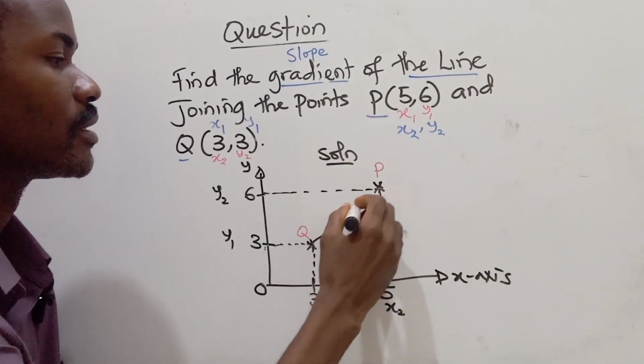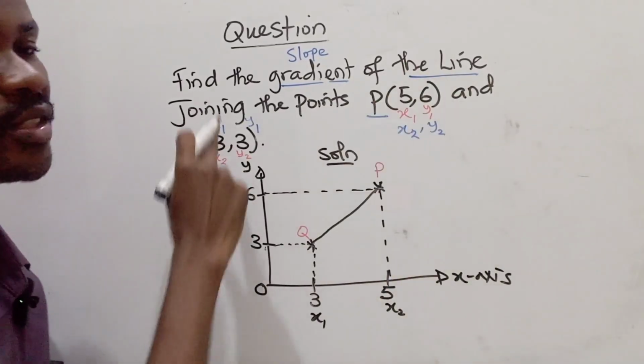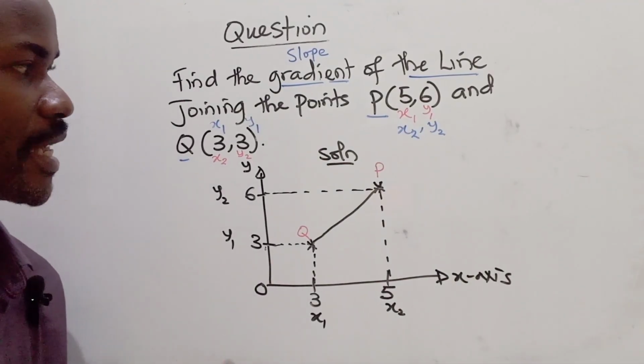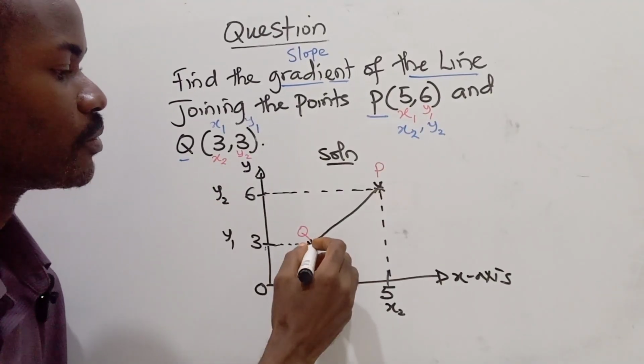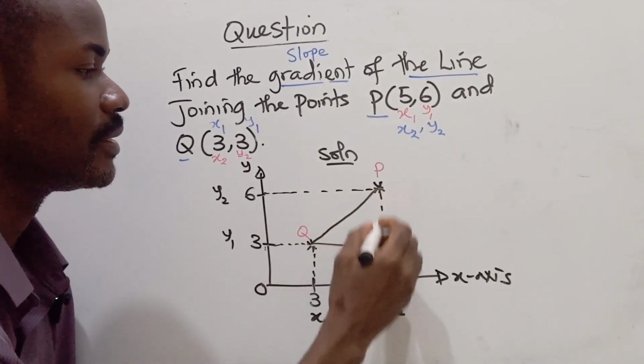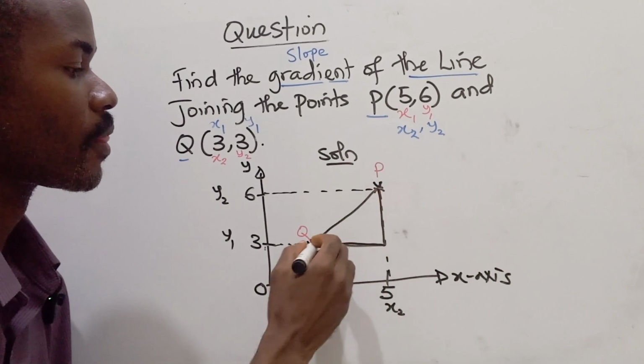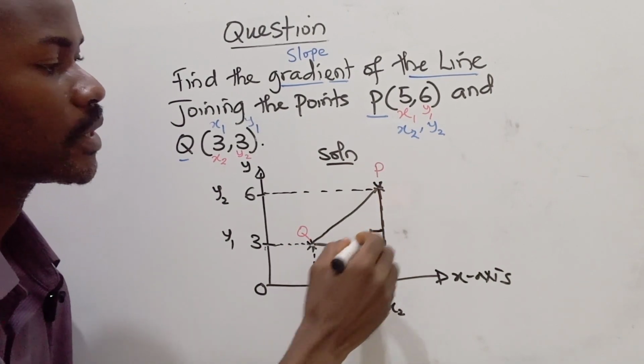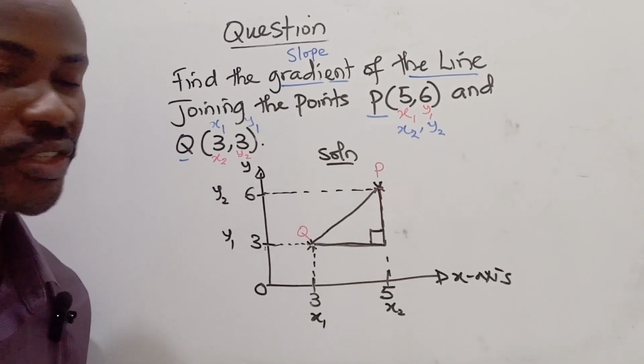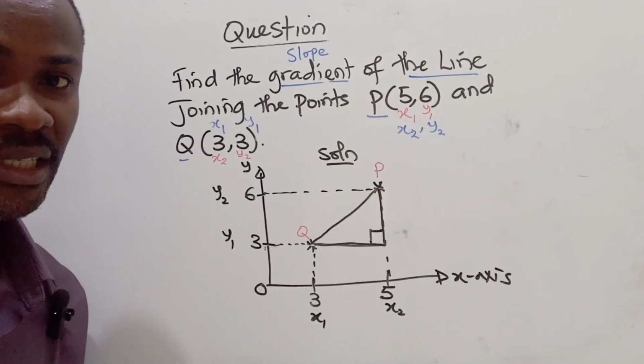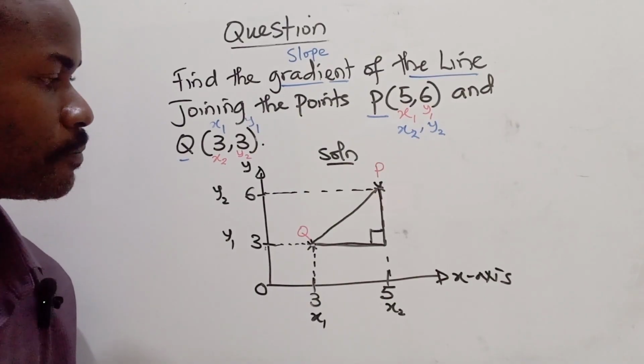Let's connect the points. That becomes the line joining the 2 points. Now for our gradient, we are going to form a right angle triangle like this, and with this we can now solve the gradient.